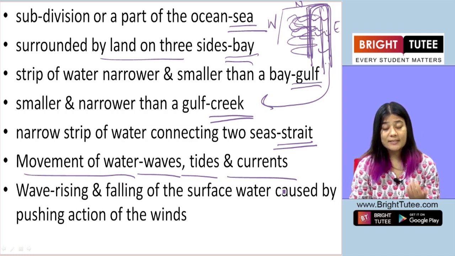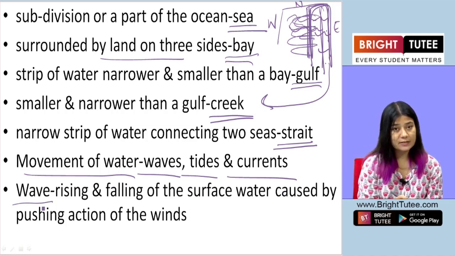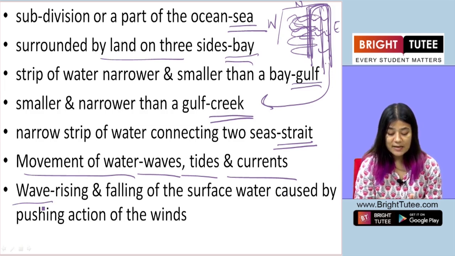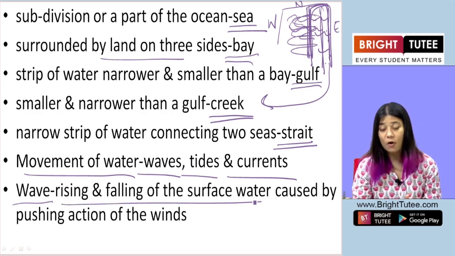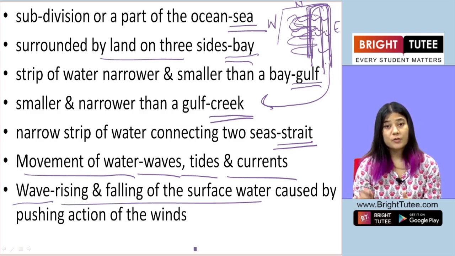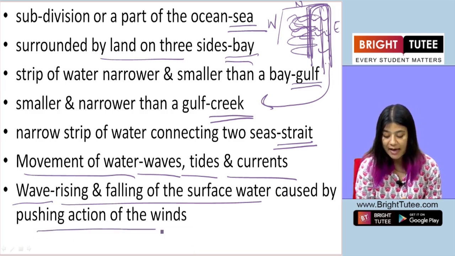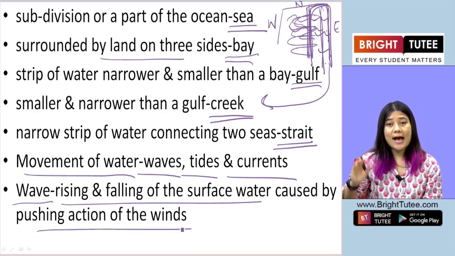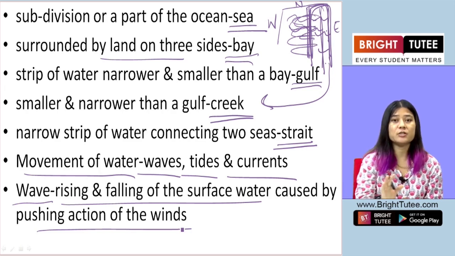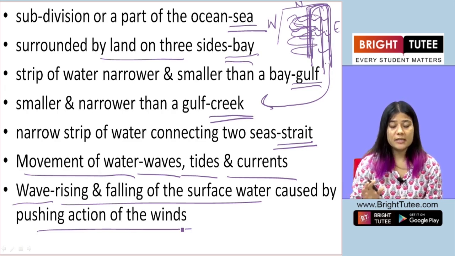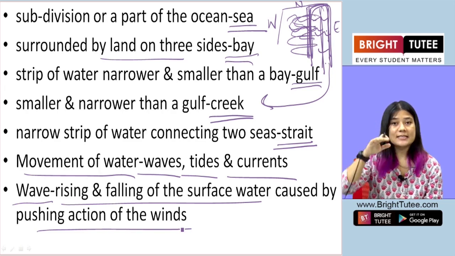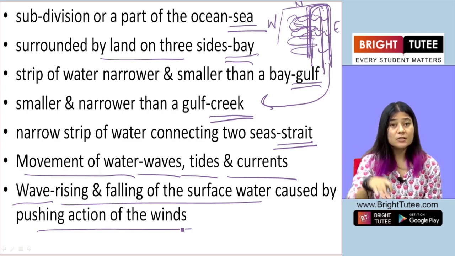Now let's look at what a wave is. A wave is a rising and falling of the surface water, which is caused by the pushing action of the wind. So as the wind blows, it pushes through the water in the ocean, and the water level rises and falls. So that is called a wave.